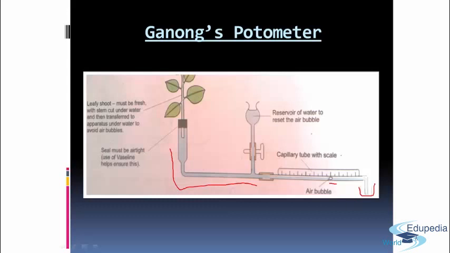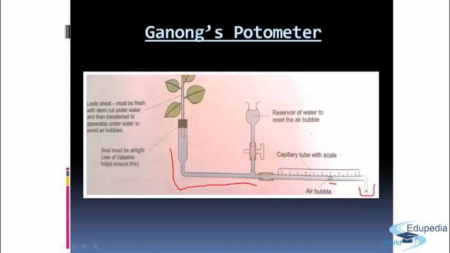Now this beaker contains water, and to introduce the air bubble, lift the bent capillary tube above the colored water so that the air will be sucked in due to the suction pull, and it is again dipped into the water.